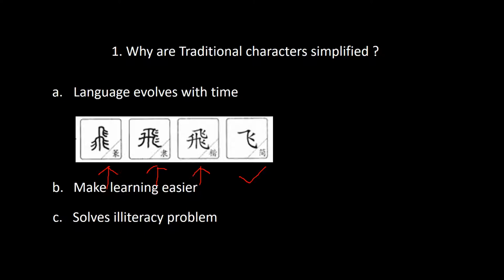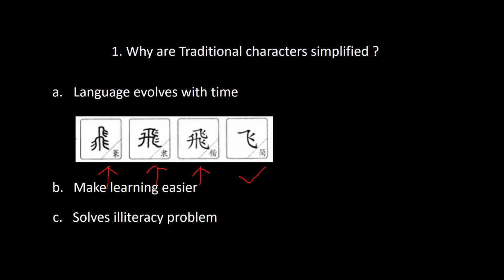The third reason is because back then, especially in China, most of the population were very poor and uneducated. So the government back then, in order to solve this illiteracy problem, simplified a lot of traditional characters, so as to allow more people to learn the language easier.